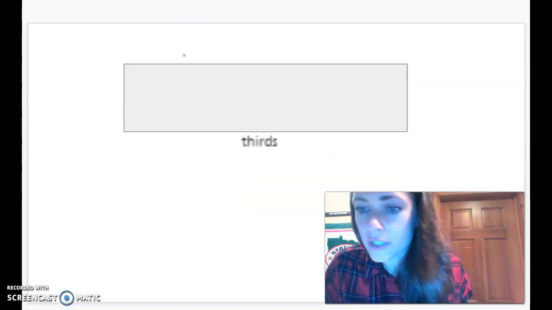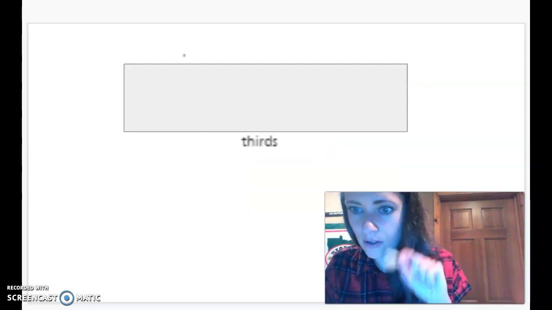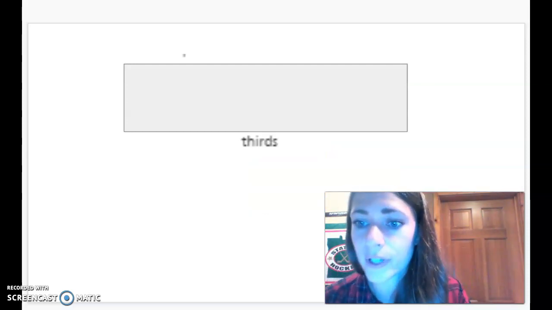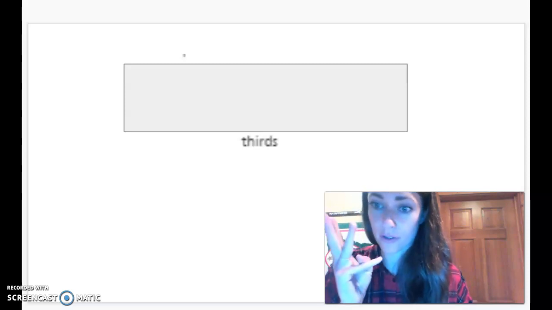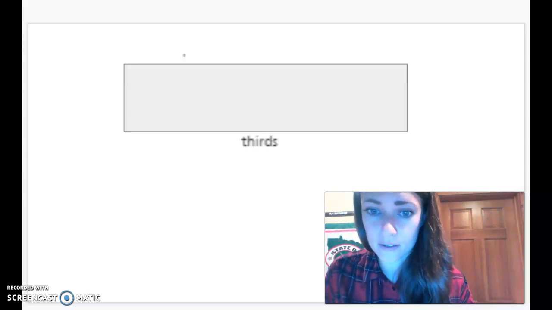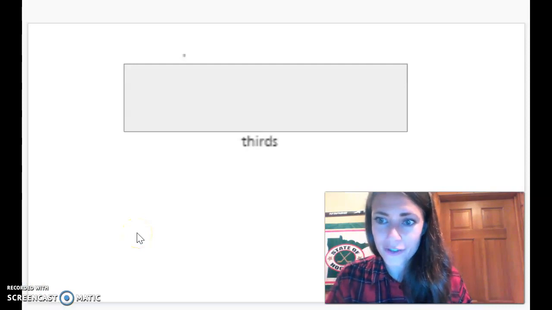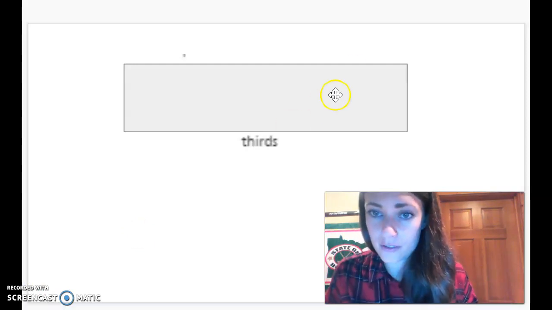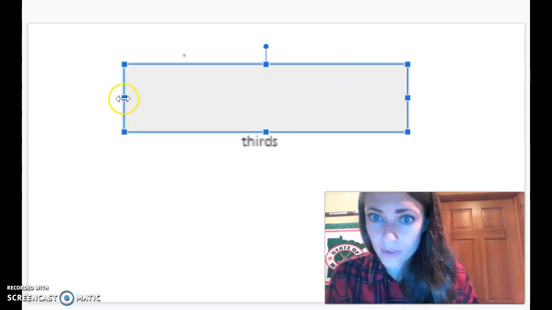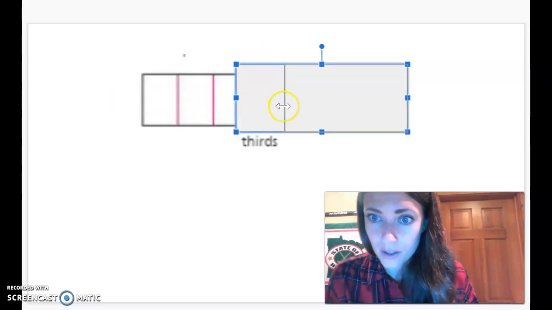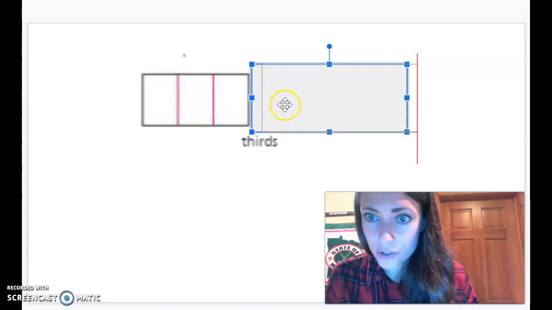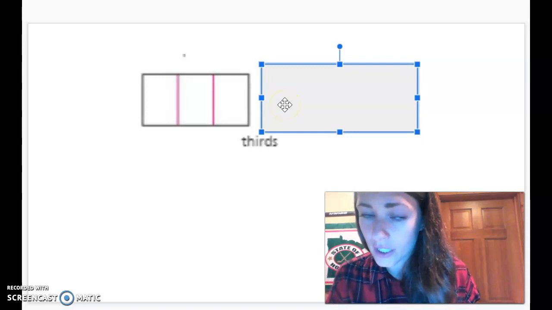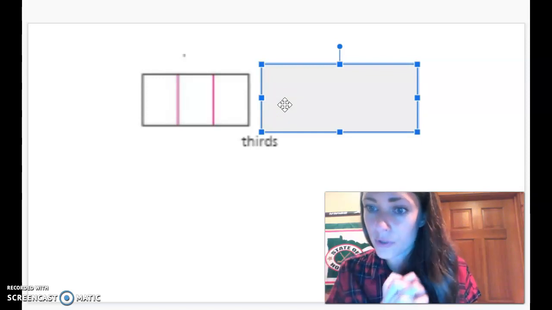Okay, now I want you to take either the same rectangle or a different rectangle that you cut out and try to fold thirds so that there are 3 equal parts of your rectangle. So after you are done trying to make 3 equal shares, I want you to draw a line that is partitioning the equal shares into thirds.